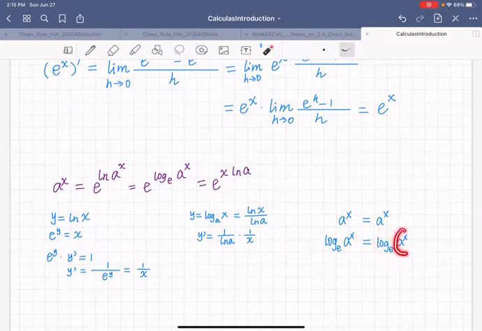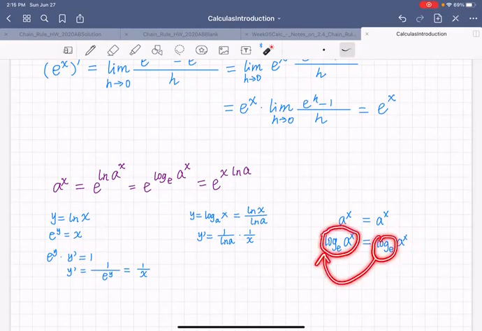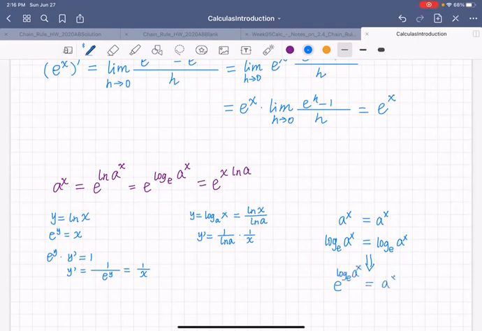If you want to keep this here and move this to this side, you are going to treat e as a base and treat this as your exponent. So that shows e to the power of log base e of a to the power x equals a to the power x.